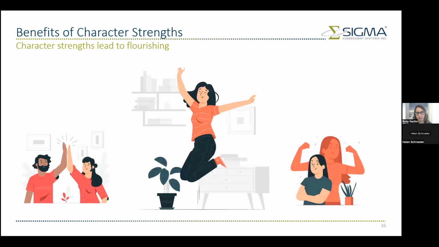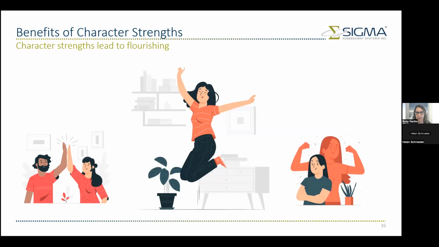And there's a lot of research on the benefits of character strengths. So you can think about how those strengths in those examples really fueled their life purpose and fueled their sense of purpose and what they were trying to do, right? And that's true for all of us. So there's a really rich body of research that has looked at character strengths in people in a variety of settings.